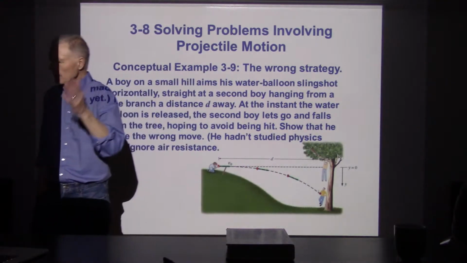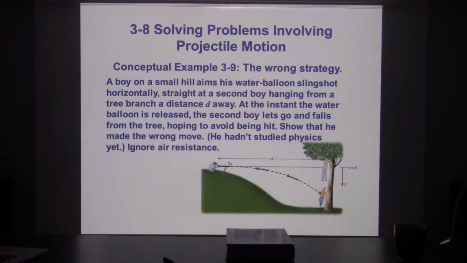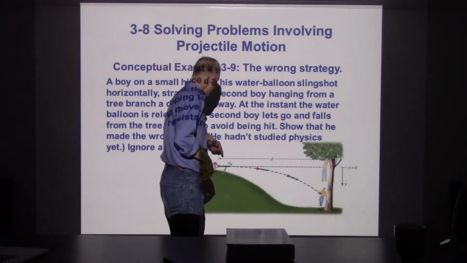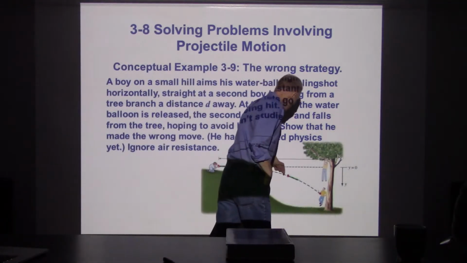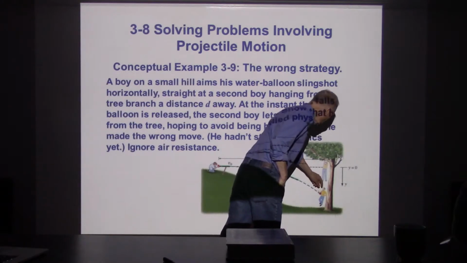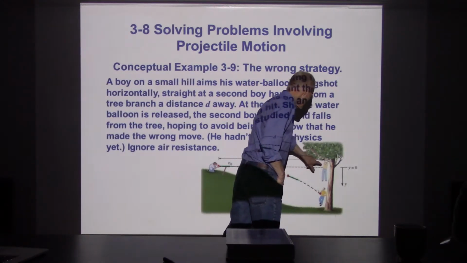So if you're going to hit the person, you're going to have to fire it real fast, because as time progresses, it's going to drop depending on how much time has gone by. So it looks like, at least with the diagram shown here, that this is going to miss the person because it's dropping below. Oh wait, the person let go of the tree.